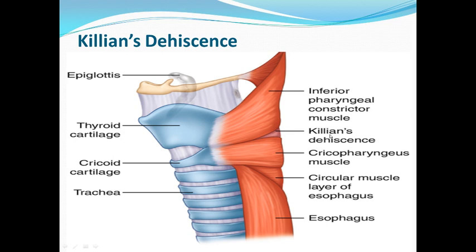This Killian's dehiscence has clinical importance, which I will discuss in the last slide of this video lecture, that is the pharyngeal diverticulum. Pharyngeal diverticula will be formed in this weak area only.